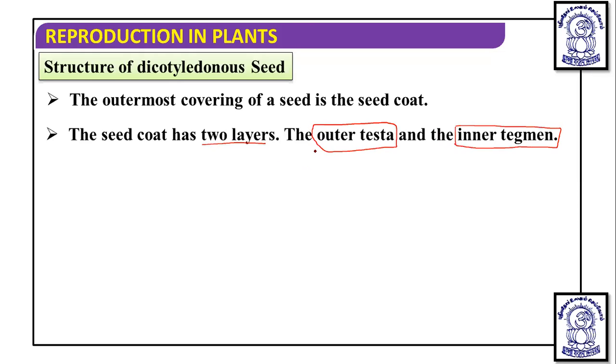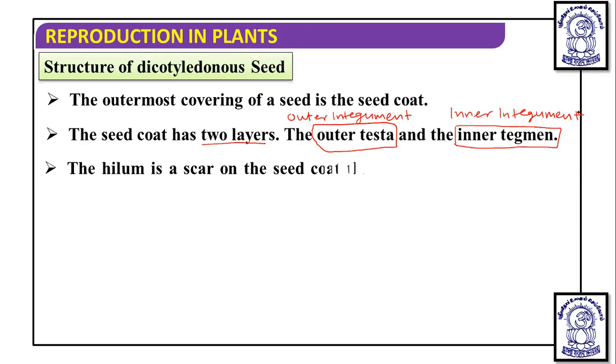The outer testa is a transformation of the outer integument of the ovule, and the inner integument of the ovule is transformed into tegmen.